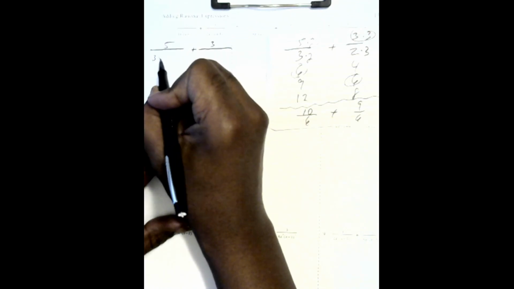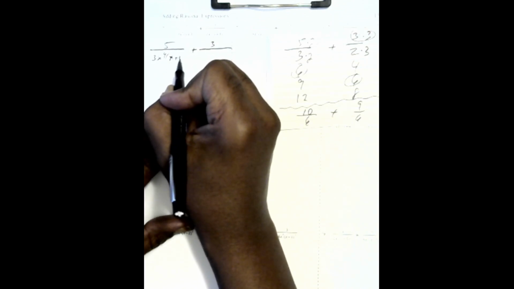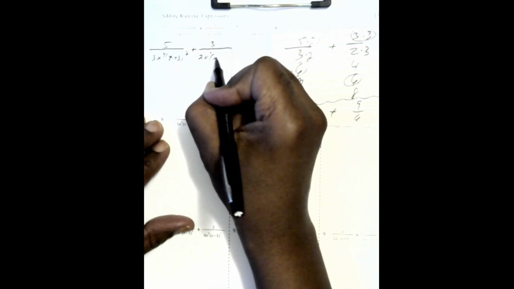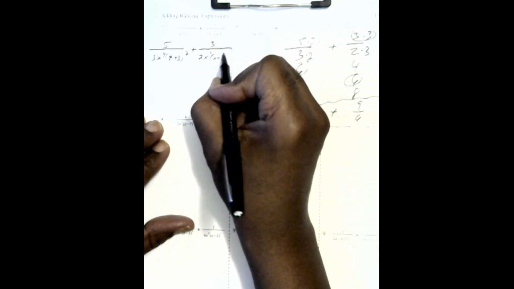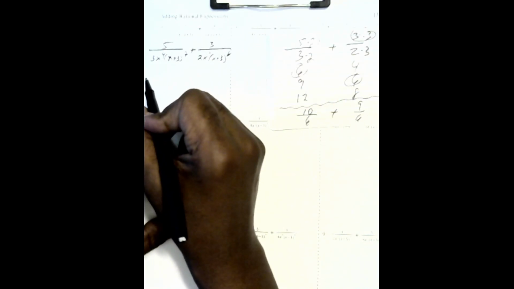So we have a 5, a 3, a 3x to the 4th, an x plus 3 to the 7th power. Here we have a 2x squared and an x plus 3 to the 6th power. All right, so let's see if we can get those common denominators going.